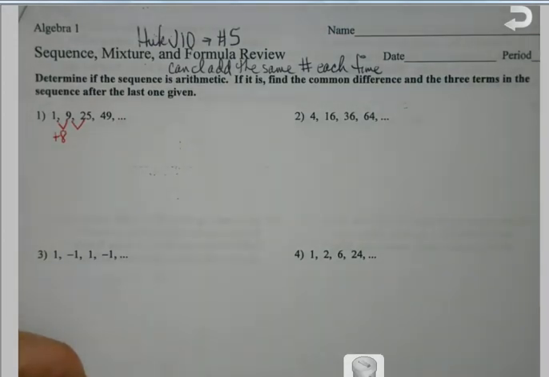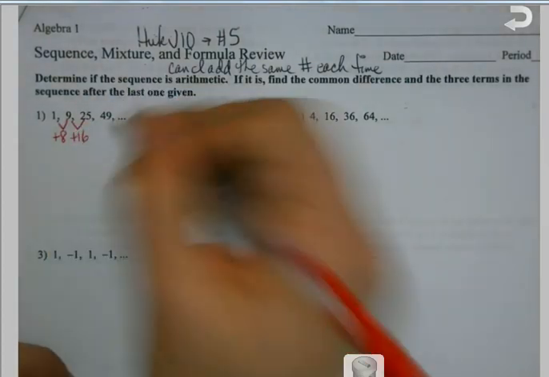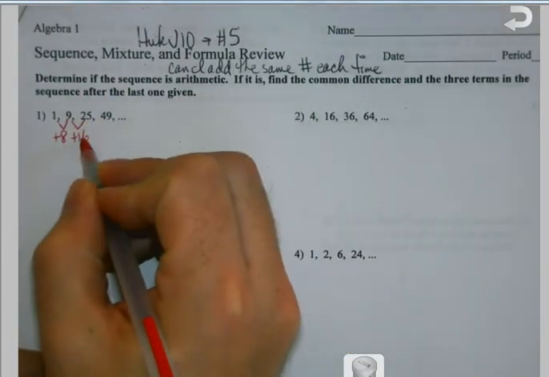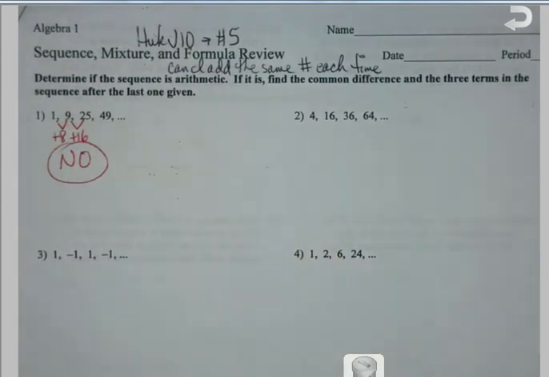No, we're not. We're adding 16. As soon as I see one that's different, it's not arithmetic. I'm done, because there's not a common difference, because it's going up by a different number every time. So that's one of the things that we're gonna work at a little bit.